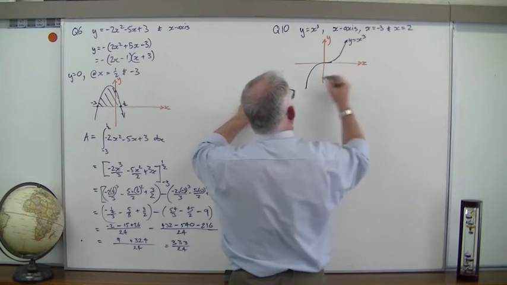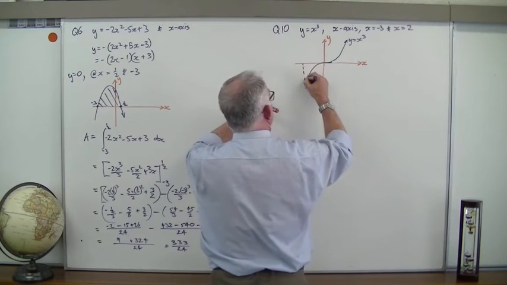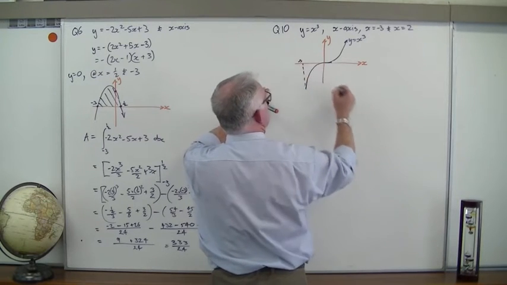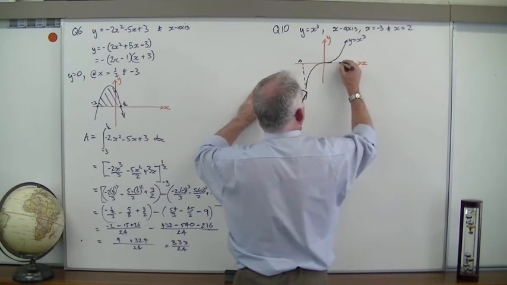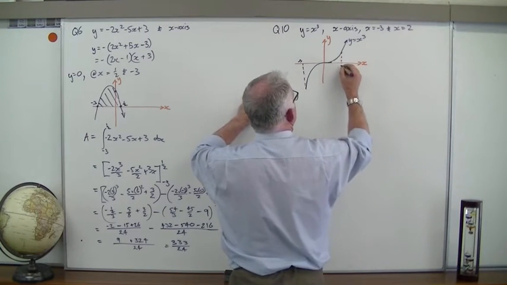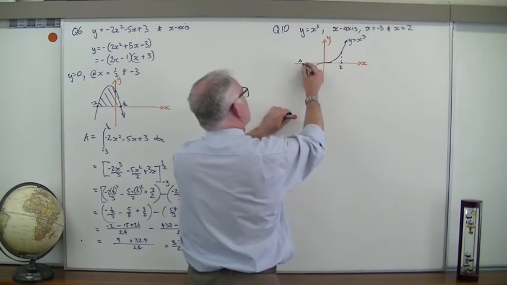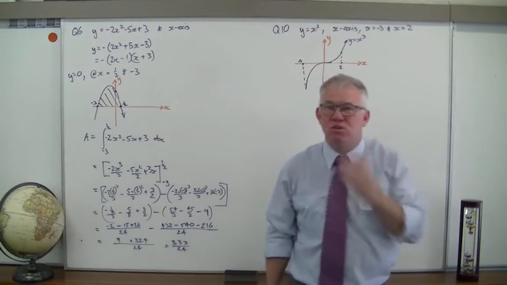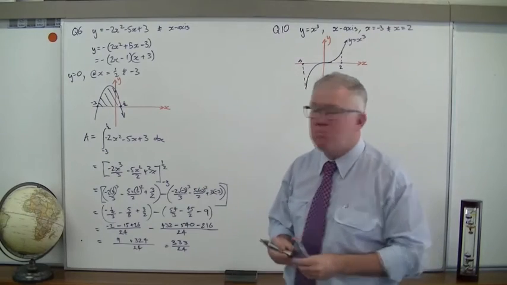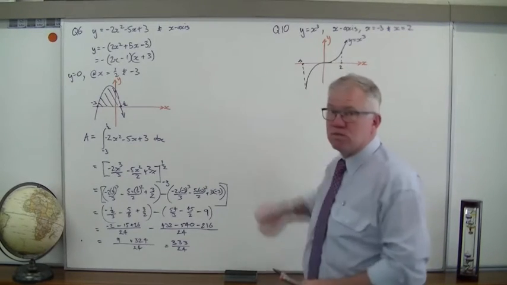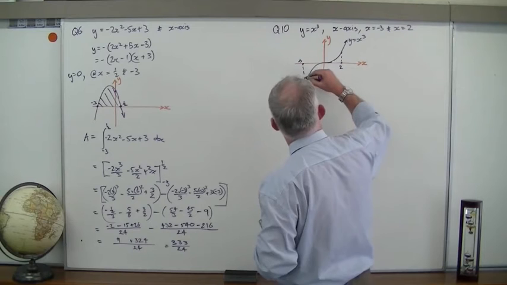We've got x equals -3, so there's going to be a chunk down here at x equals -3, and there's x equals 2, so there's a straight line that goes up here. I know that my graph is not symmetrical. The point is not perfection. The point is to give you a visual image of what we're trying to work out here.